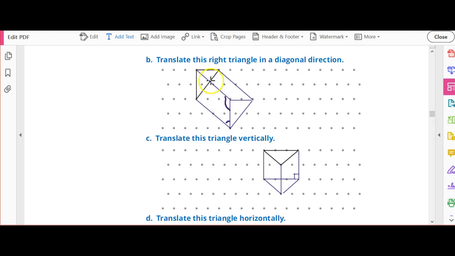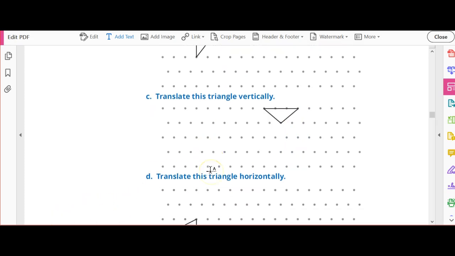These two have to be congruent. We have congruent opposite sides, so we have a parallelogram. And because this was not 90, it's not a rectangle, so it's just a regular parallelogram, whereas these faces would be rectangles. Go ahead and get those drawn.